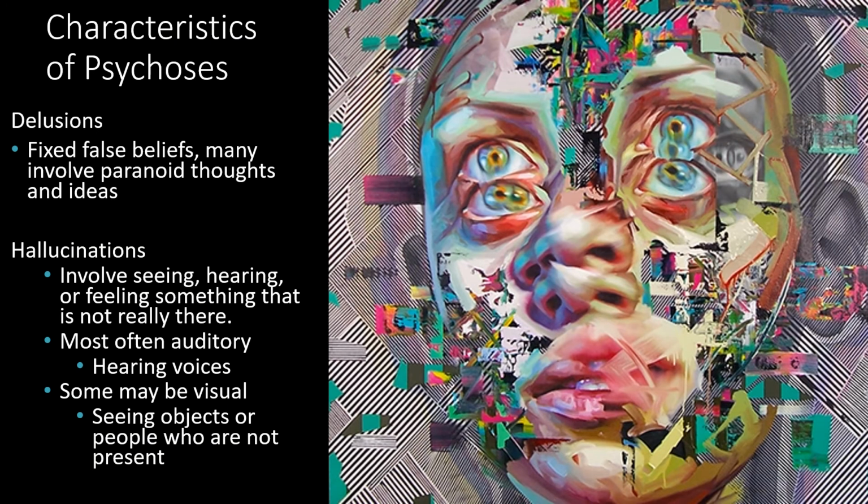Okay, so let's talk about characteristics of a psychosis. What are the hallmarks of a psychosis or a patient that is psychotic? The first one is delusional thinking. A delusion is a fixed false belief, and many delusions are of a paranoid nature.